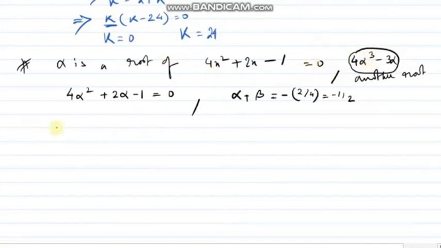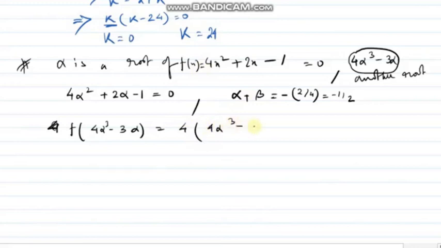So let's try. If I write it for 4 alpha cube minus 3 alpha, if this is my f(x), it will be 4 into alpha cube minus 3 alpha whole square plus 2 into 4 alpha cube minus 3 alpha minus 1.